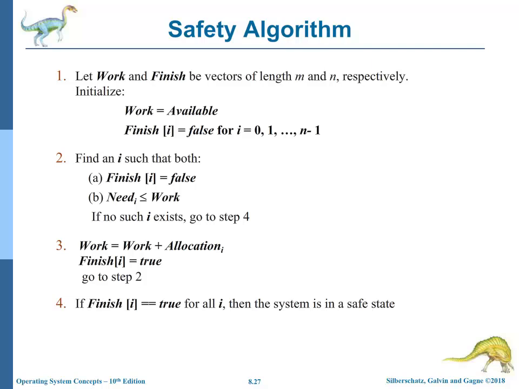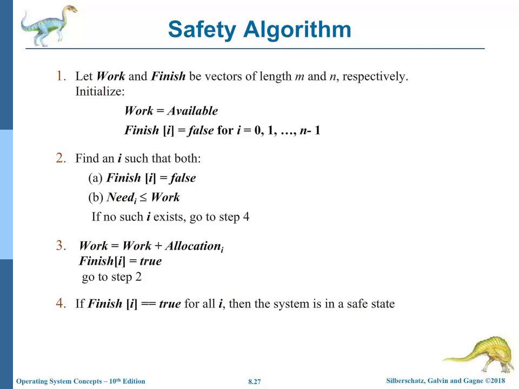There are two vectors, Work and Finish, of length m and n in the safety algorithm. Step 1: Work is initialized to the Available vector. It has length m and indicates the number of available resources of each type. Finish[i] = false for i = 0, 1, 2, 3, up to n - 1.